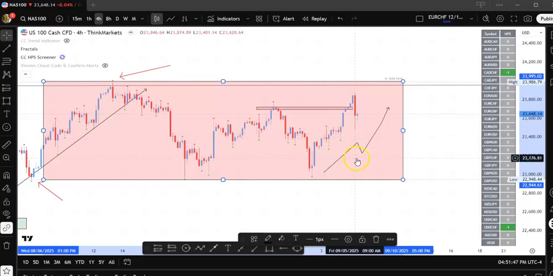On the 4-hour time frame, that means a lot. On the 4-hour structure, it's consolidating, so there are no definitive breaks of structure. So it's still in a bullish movement.